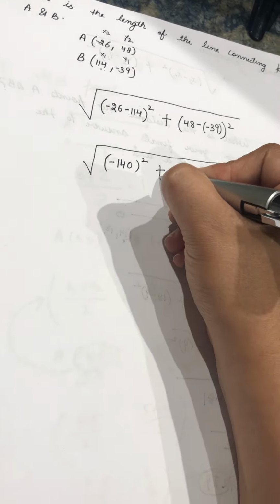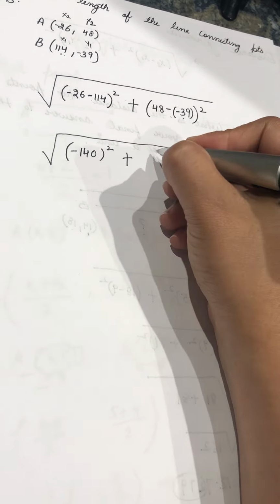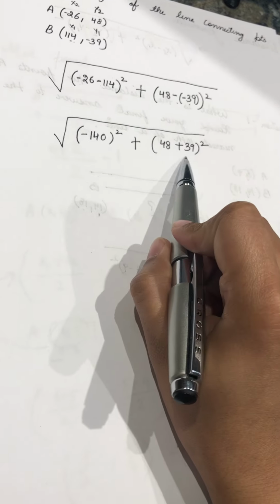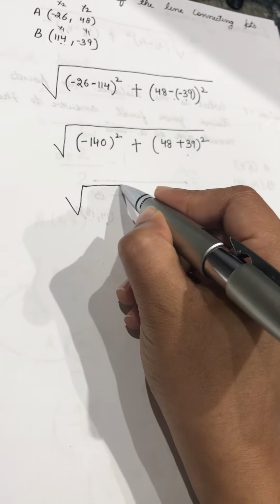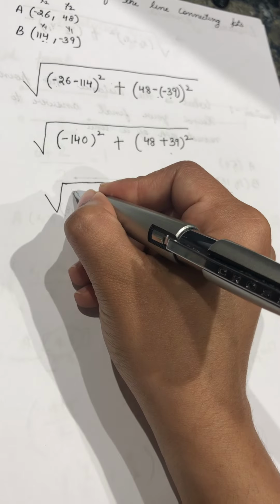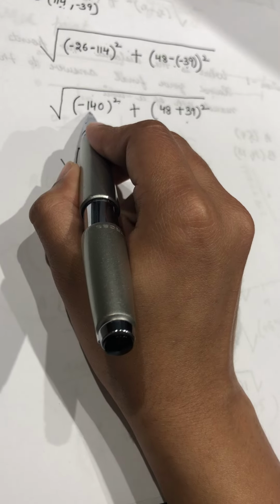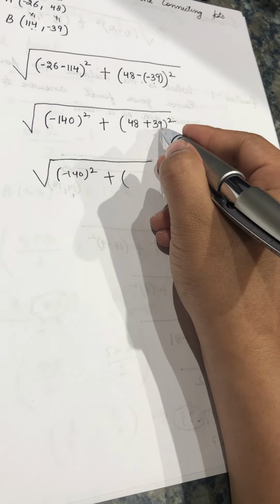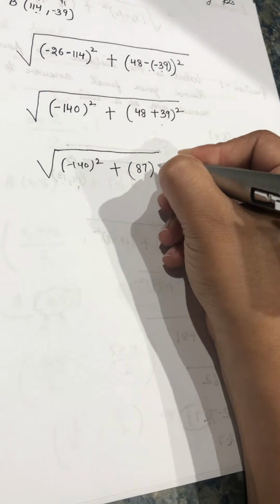Whole square. Here minus and minus will be plus, so it will be 48 plus 39 whole square. I'm adding one extra step here for better clarification, for your instructor. I'm sure you know this, but in the exam you must write it. So square of 140, and then 48 plus 39 will be 87 whole square.